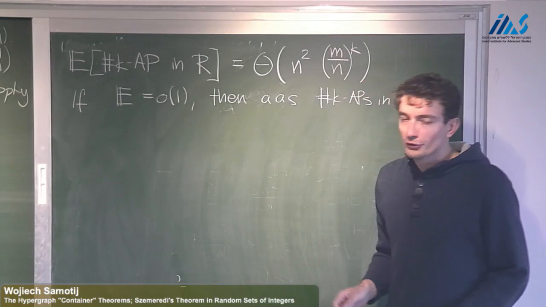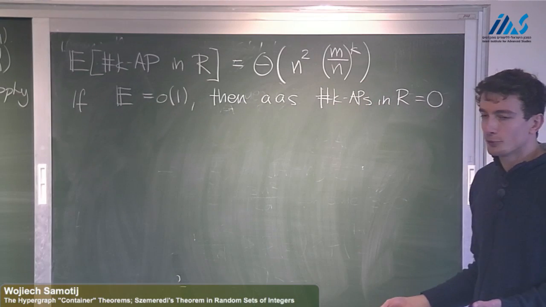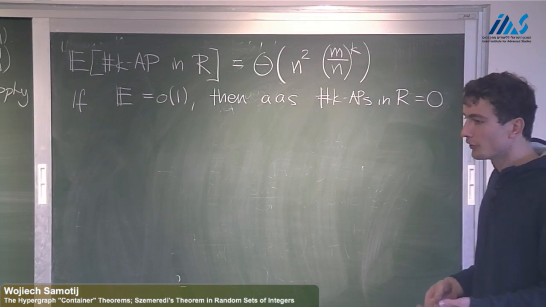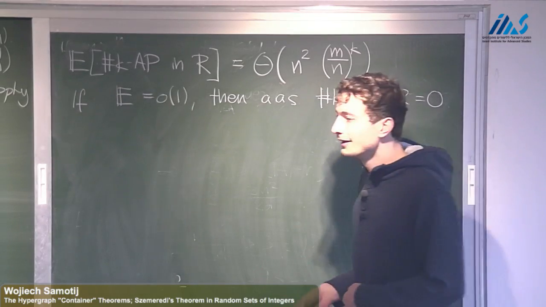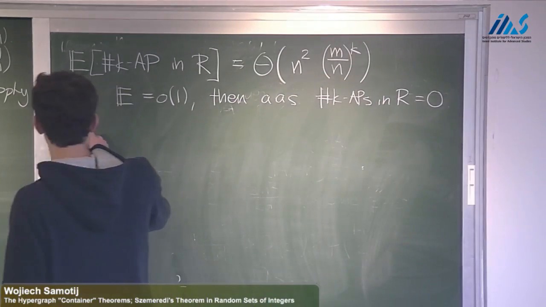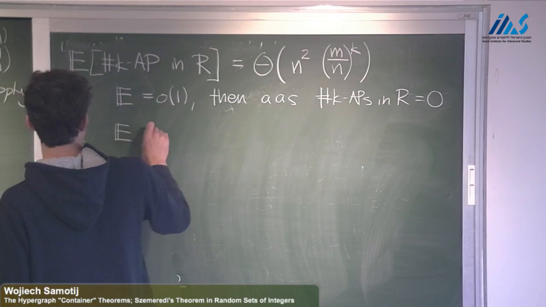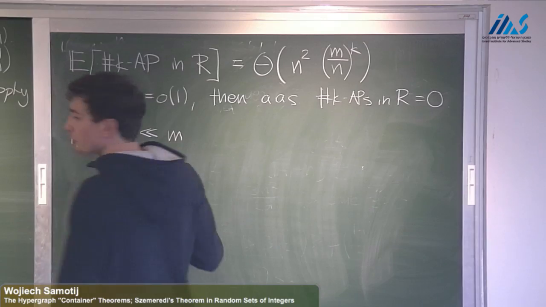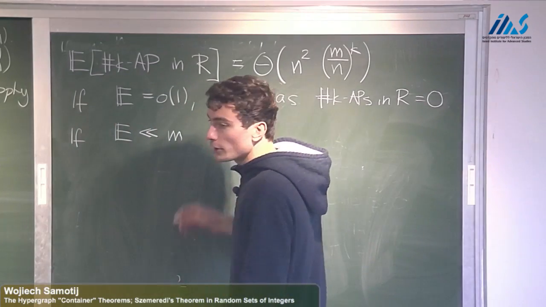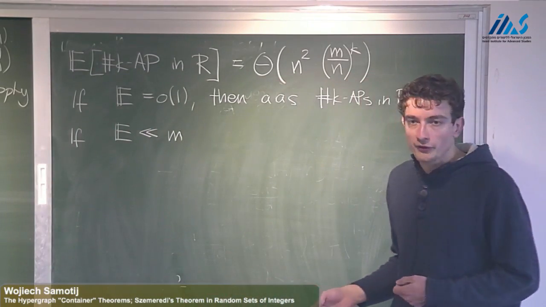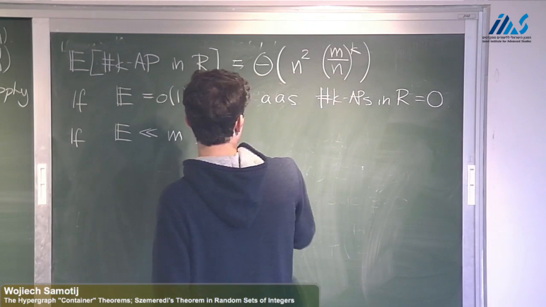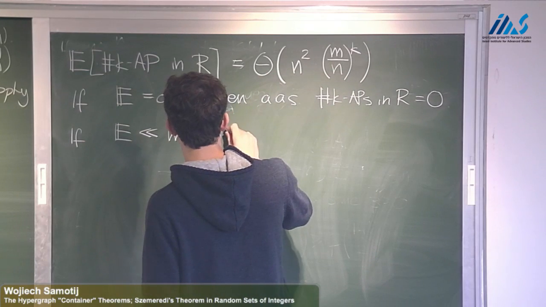So if to start with we don't have any k-term arithmetic progressions, certainly after we delete some elements there won't be any. Now, but one can do a little better if the expectation is much smaller than the number of elements itself. Then we can just keep, say, 99% of the elements and still not have any arithmetic progressions by deleting one element from each.